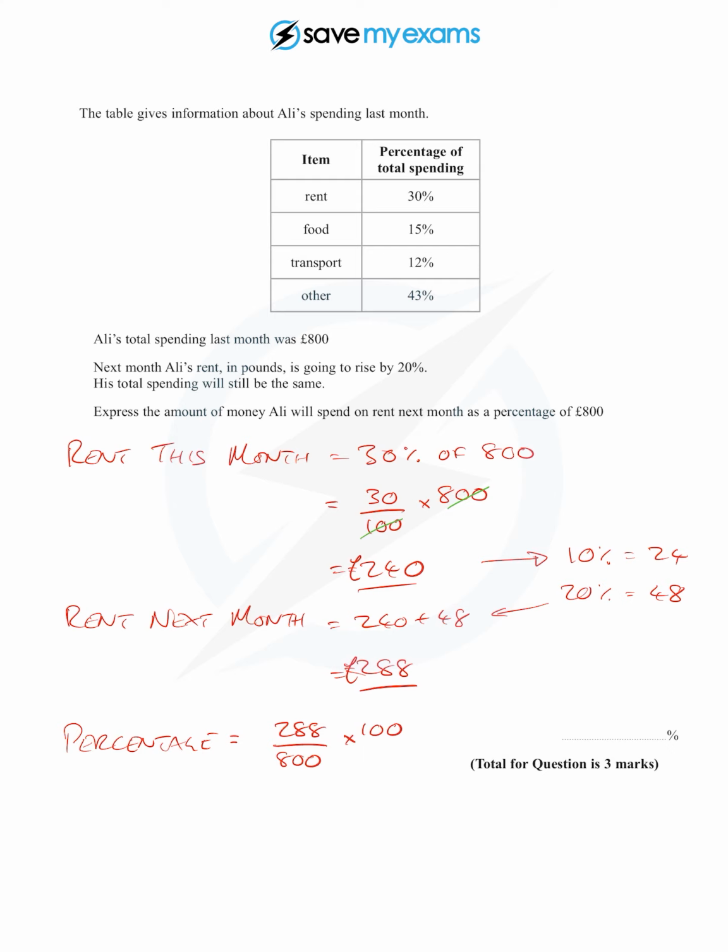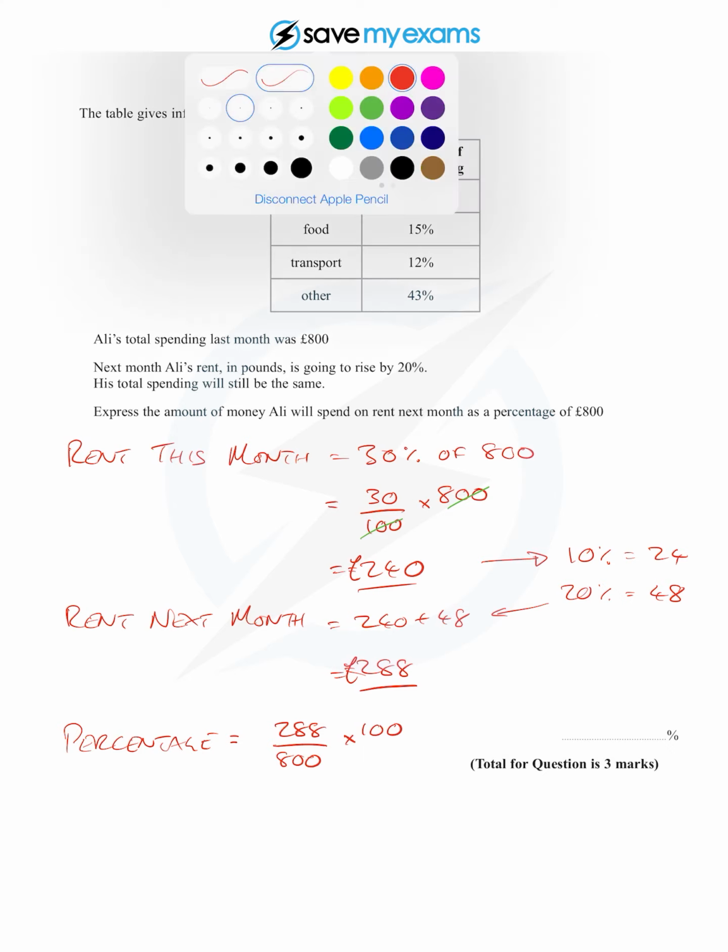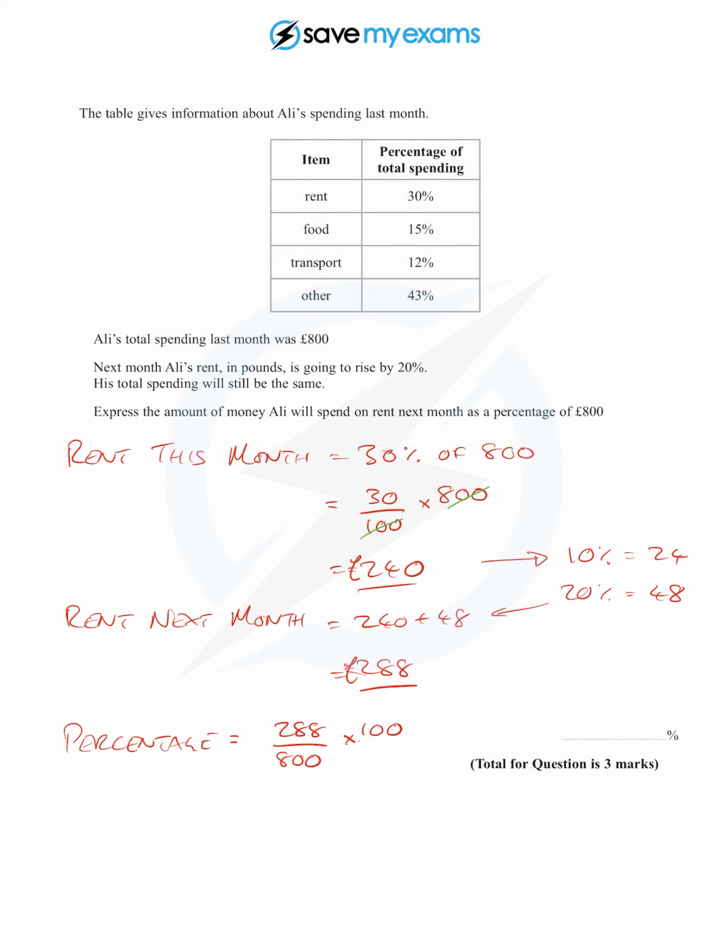Can we do that without a calculator? Yes, we can. Green cancelling pen comes out again. This time the 100 and the 800 cancel the other way up. So we've got 288 over 8. And 288 over 8, well, 8's one of those numbers. It's 2 times 2 times 2. So I'm going to divide by 2 3 times.